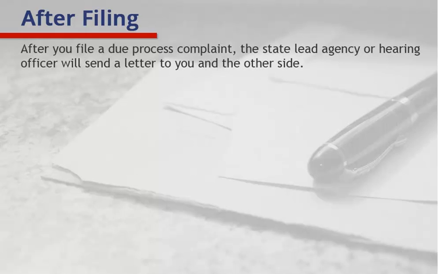Typically, after you file a due process complaint, the state lead agency or hearing officer will send a letter to you and the other side with information about your rights in the hearing and what you can expect to happen.